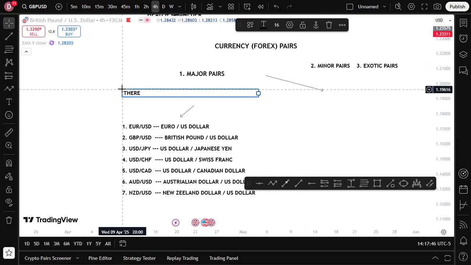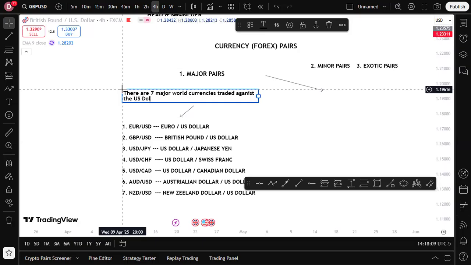Now, there are 7 major world currencies traded against the US dollar.